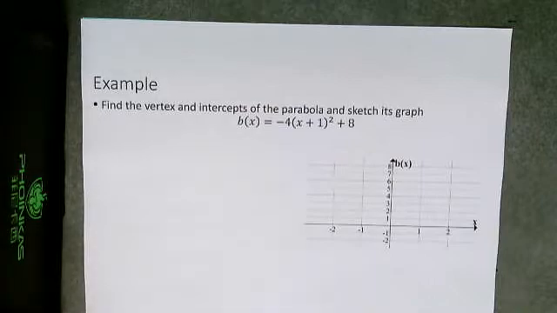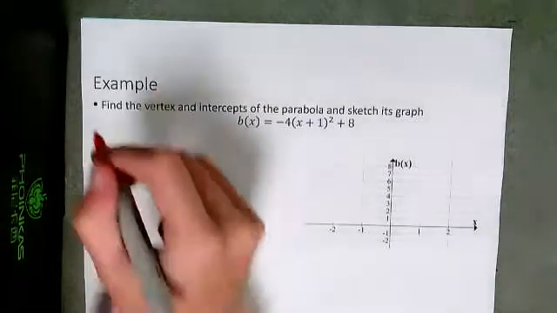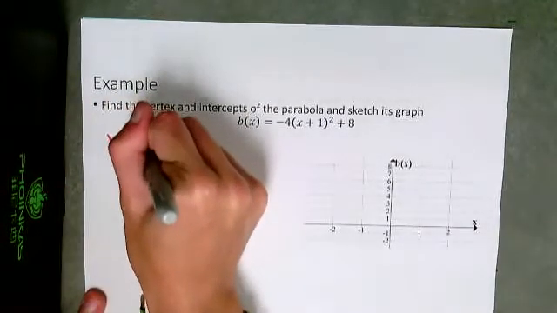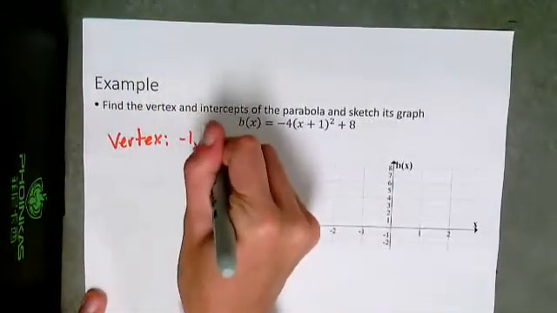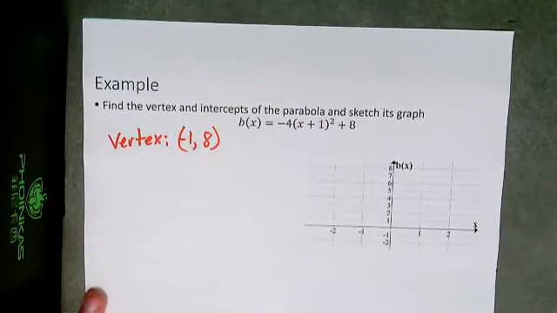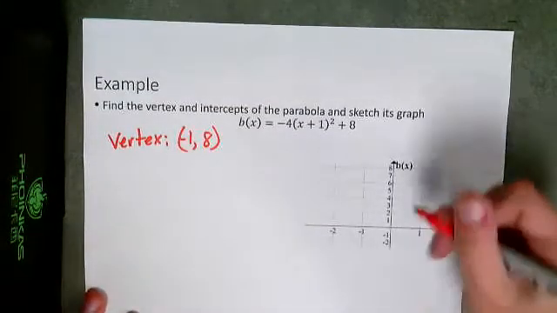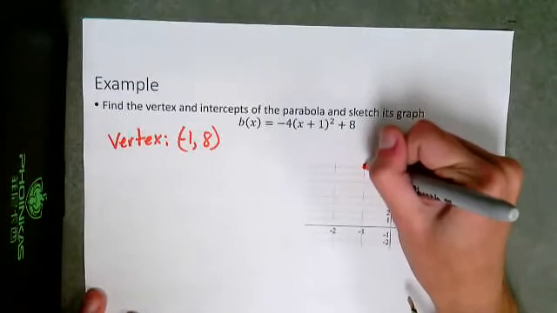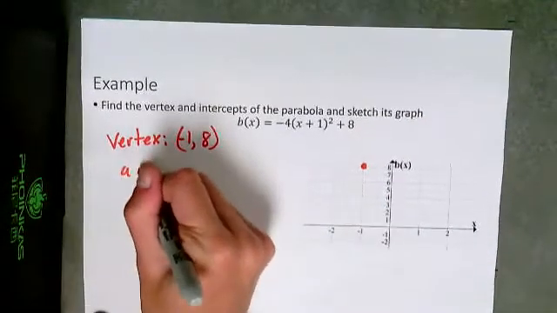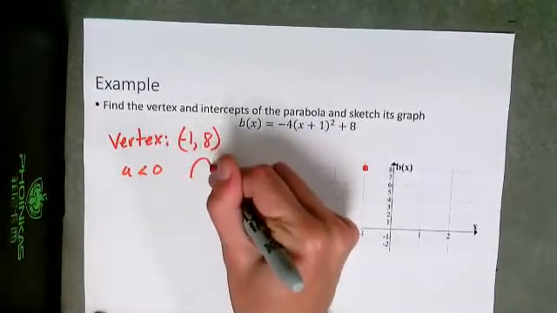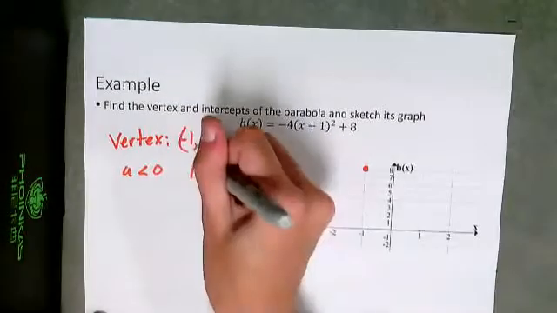First things first, let's find the vertex. The vertex is going to be at -1, 8. Let's mark that. And a is less than 0, so it's going to look like this, and here's our vertex.